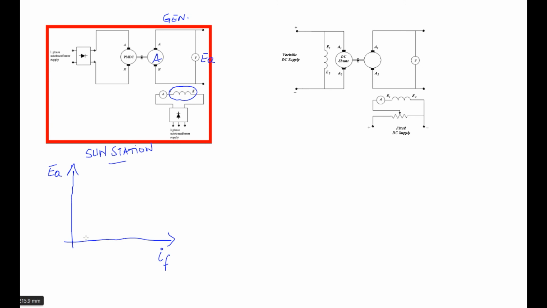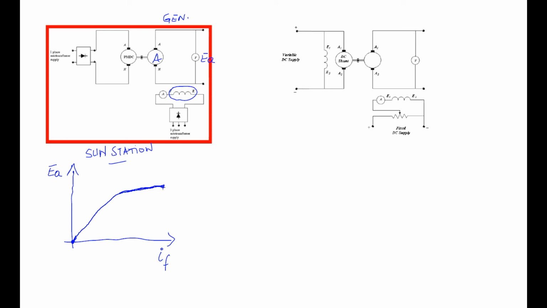As you know from the lecture, once we start from zero, the generated voltage at the armature will be zero, of course. As soon as we increase the field current, the voltage will follow a linear path till a certain value of field current. Then the variation will be small, and we reach the saturation part.